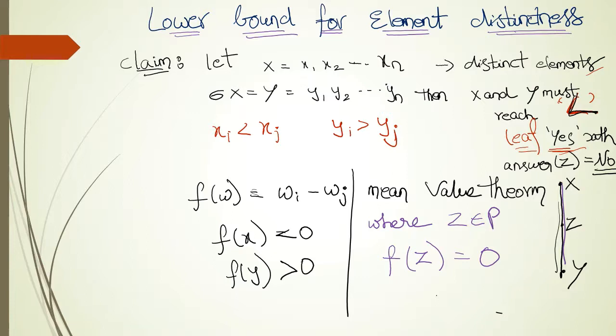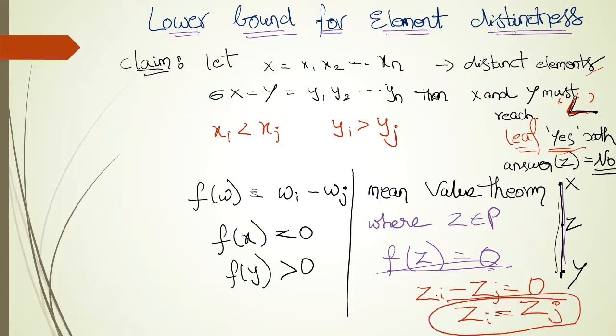If f of z is 0, this implies zi minus zj equals 0, so zi equals zj, which means there is no distinctness in the z elements. So z also lies on the path of x and y.